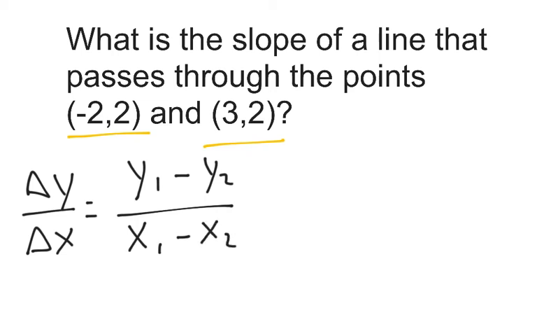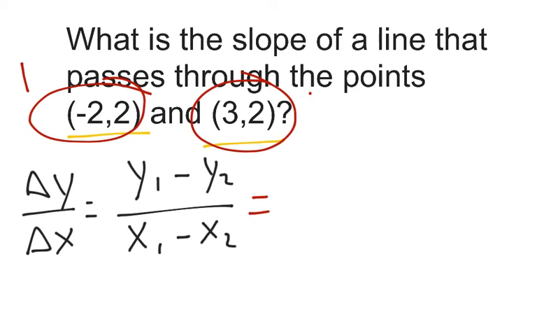And in this case, I'm just going to go from left to right. Again, it really doesn't matter which one you choose first as long as you're consistent. So we're going to call this our x1 and y1, and we're going to call the second one our x2 and y2.